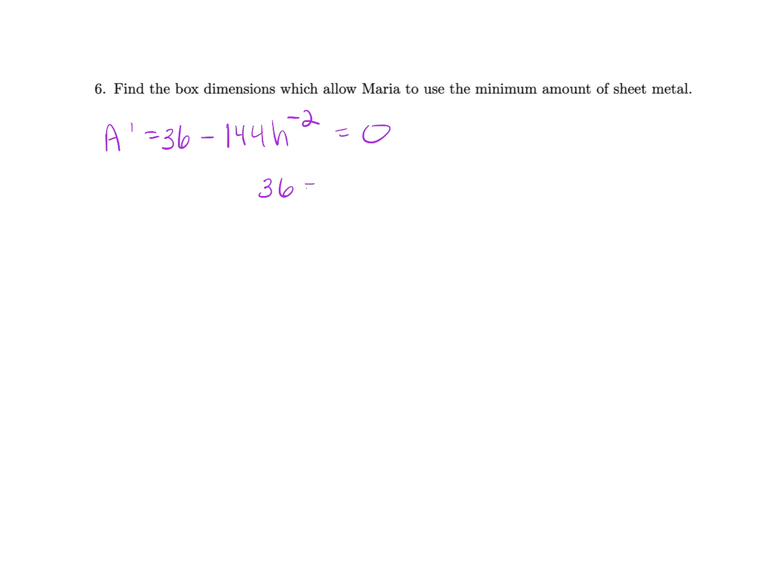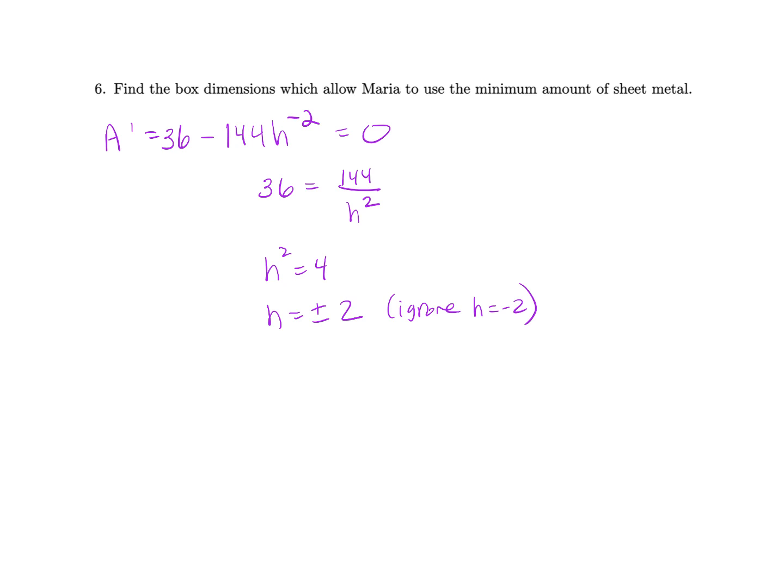I get 36 equals 144 over H squared. So H squared comes out to 4, and H is plus or minus 2. I'm going to ignore H is negative 2 because that's not in the domain for the height. Height has to go from 0 to infinity.